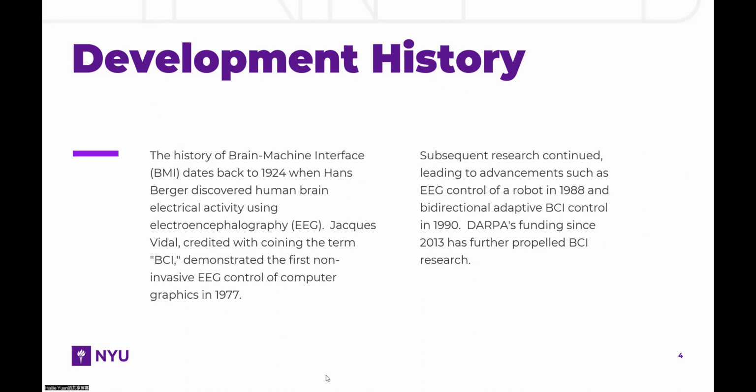Subsequent research continued, leading to advancements such as EEG control for robot in 1988 and bidirectional adaptive BCI in 1990. DARPA's funding since 2013 has further propelled BCI research.